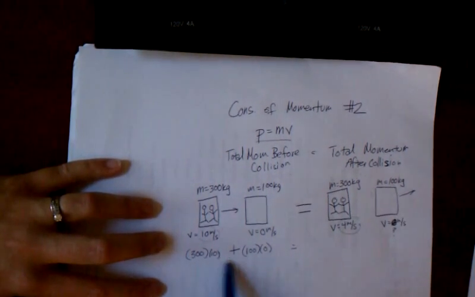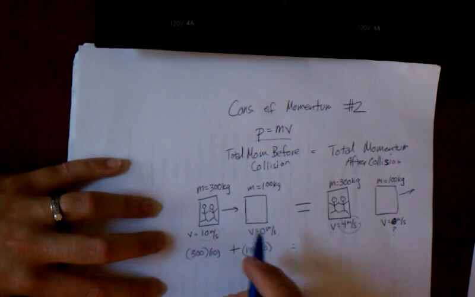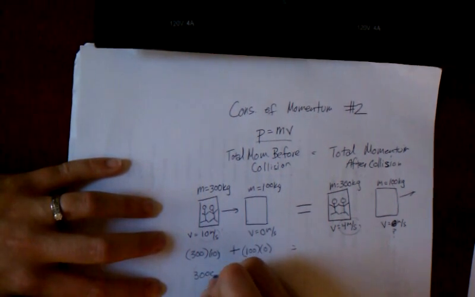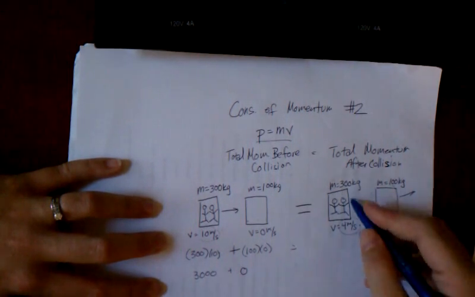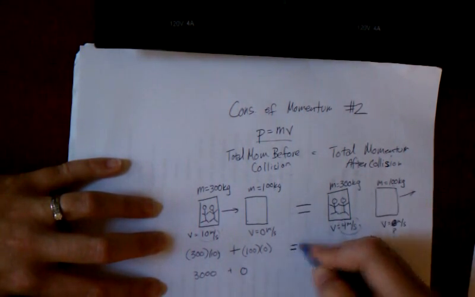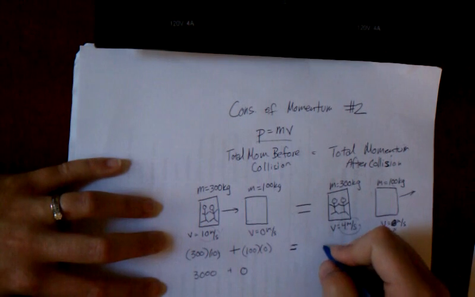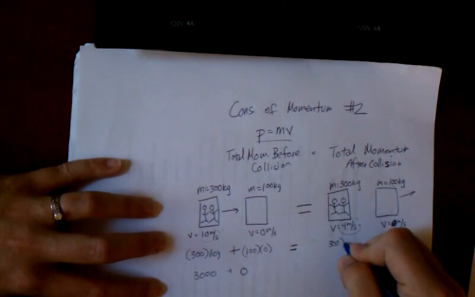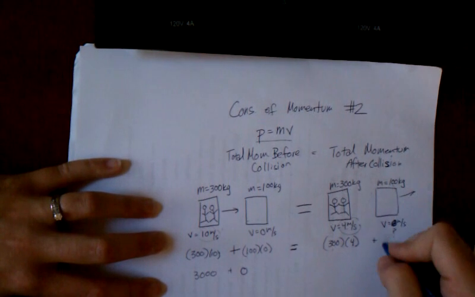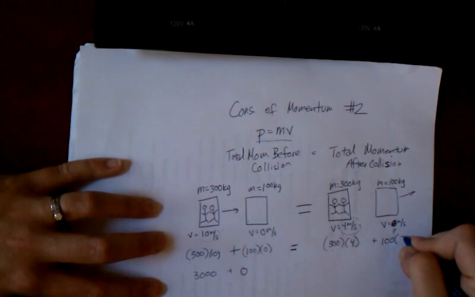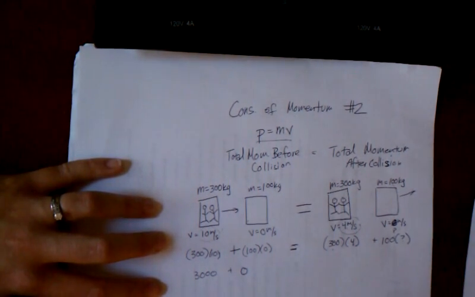So what I'm going to do is find my before. 300 times 10 is 3,000, plus 100 times 0, 0, equals after: 300 times 4, right, that's momentum, mass times velocity, plus 100 times the question mark. We don't know that velocity.